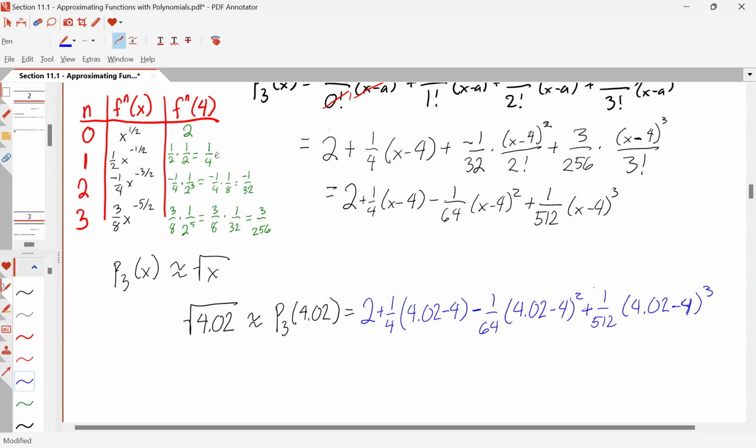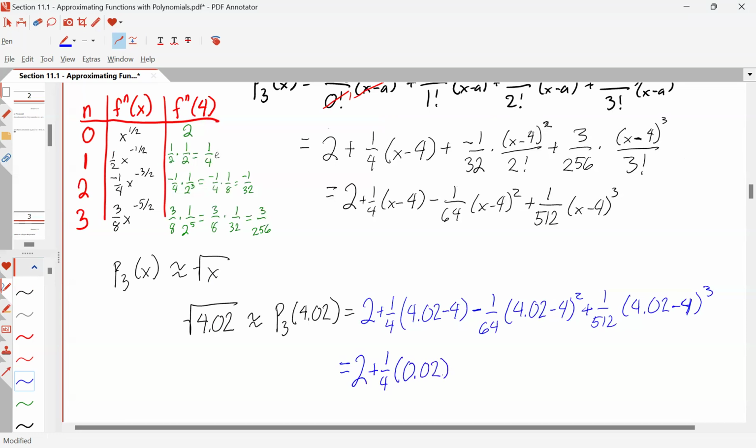Now, simplifying this down, there are some decimals I don't particularly want to deal with without a calculator, but do know that 4.02 minus 4 is just 0.02. So I can at least simplify that down.